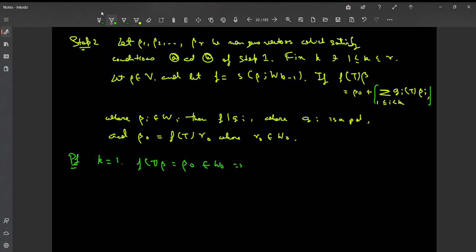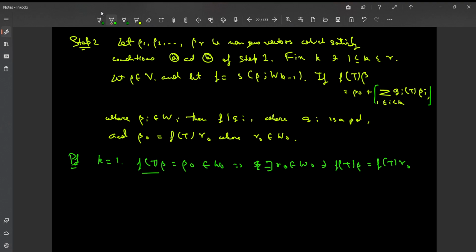Since W naught is T-admissible, by the definition of T-admissibility, if a vector of this form, f(T) beta, is inside the T-admissible subspace W naught, then there exists some gamma naught in W naught such that f(T) beta equals f(T) gamma naught.